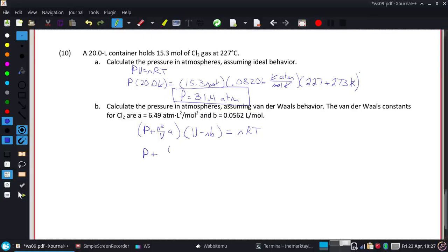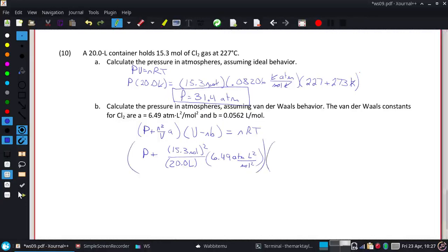All right, so n is the 15.3 moles, and the volume is 20.0 liters. Those two are used as kind of a fudge factor along with this a, and those three things together are going to change the effect with regard to the pressure. They're going to subtract from that pressure. And now our V, we have our V, that is 20.0 liters.